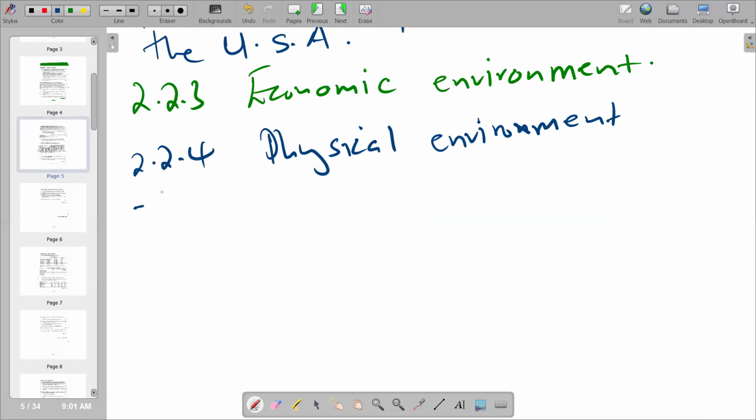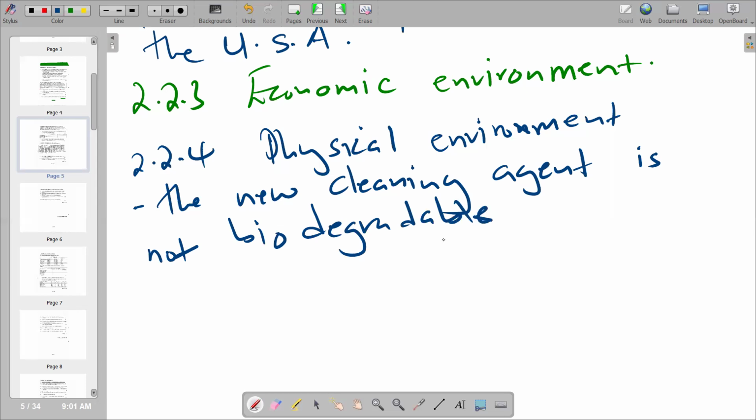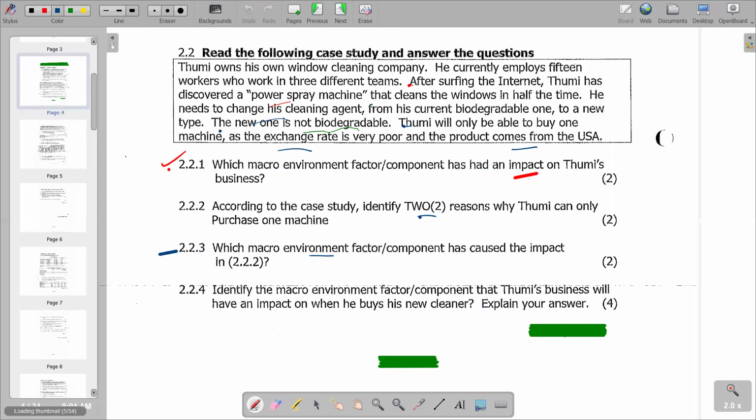So basically, that's the further solution in terms of the question which says, explain your answer. And we've got a total of 4 marks on this question.